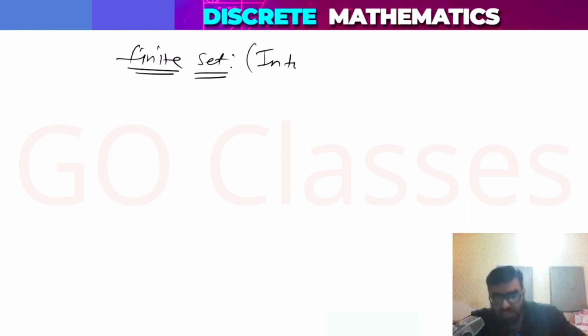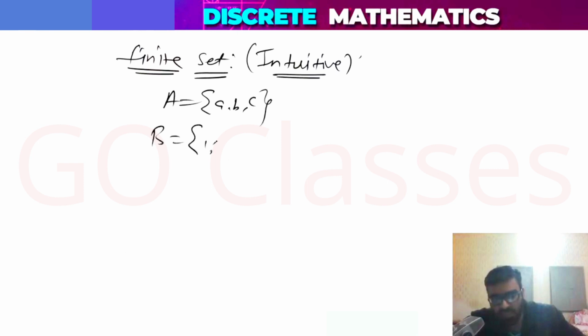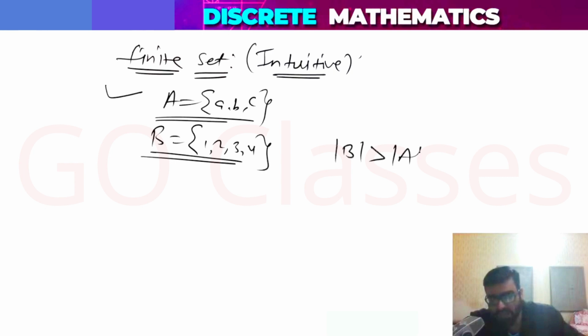If I give you a set a, b, c, and a set B with 1, 2, 3, 4, you can definitely say that set B has a cardinality greater than the cardinality of set A. You can say this just by looking at the sets, because set B has 4 elements and set A has 3 elements. You can very easily count.